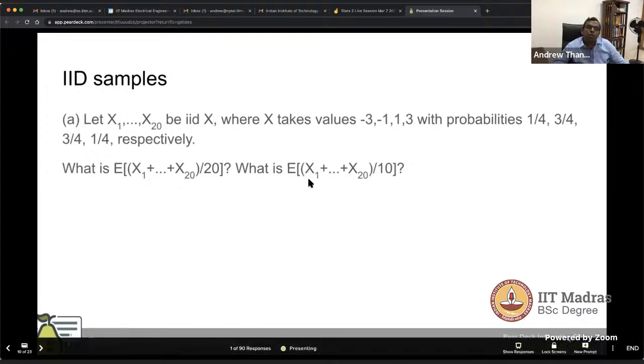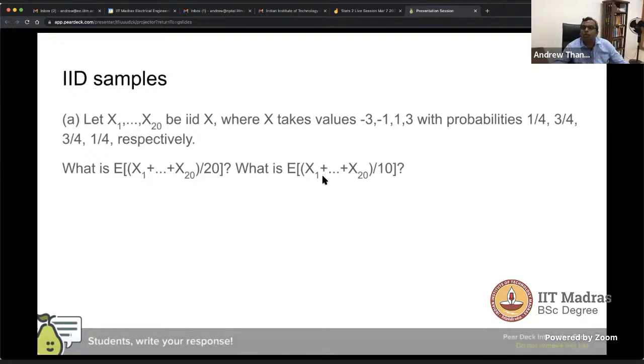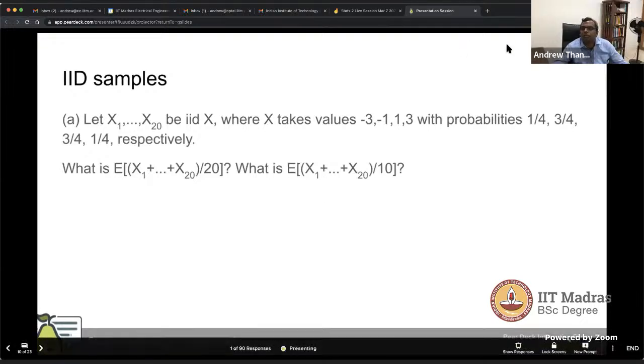So there are two expectations I'm asking here. I hope this is also easy to solve.